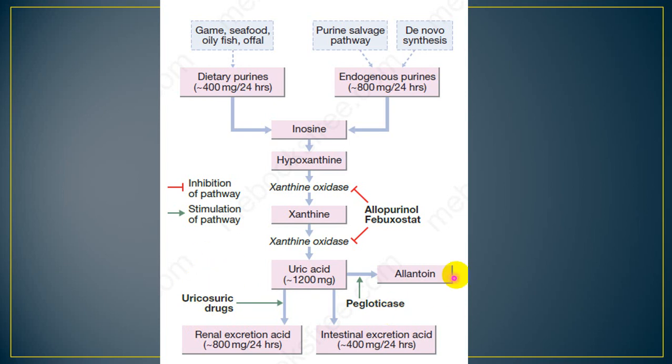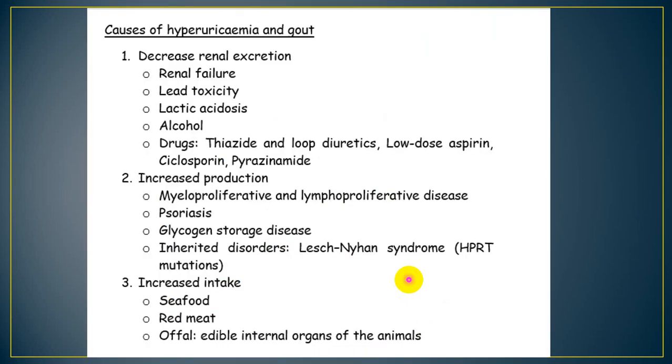Or, in certain types of mammals or animals, there is an enzyme called uricase. Uricase has the ability to convert uric acid into a more soluble compound, allantoin, which prevents precipitation of uric acid. So the third group of drugs used nowadays is pegloticase, which is a synthetic uricase that has the ability to convert uric acid to allantoin, which is more soluble, so it decreases precipitation of uric acid.